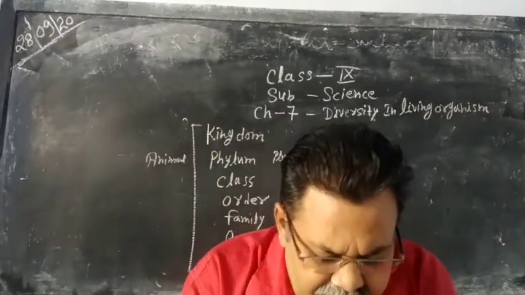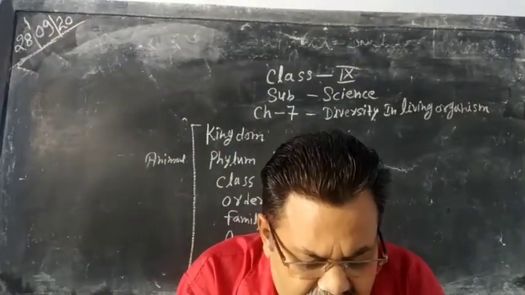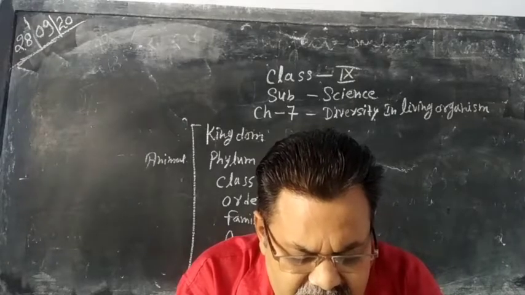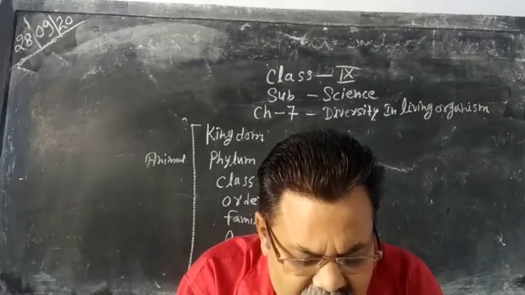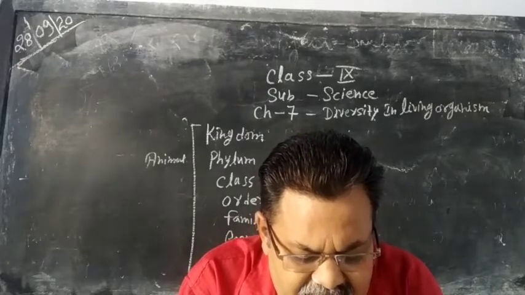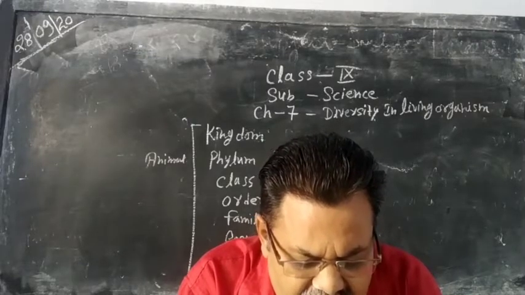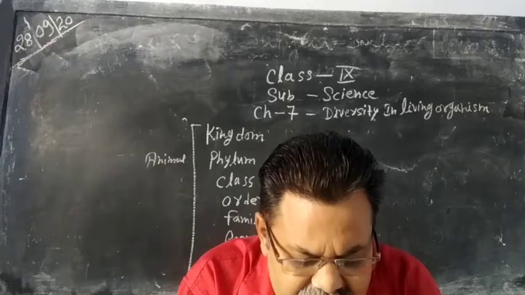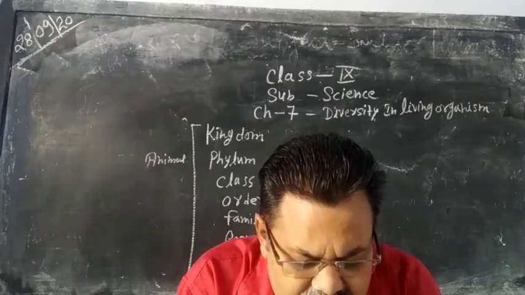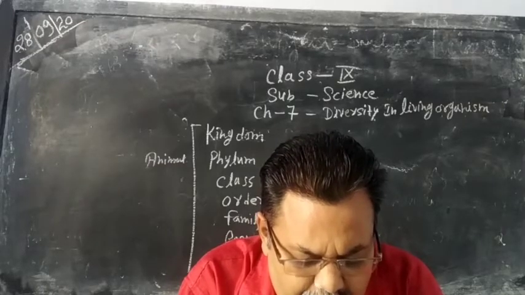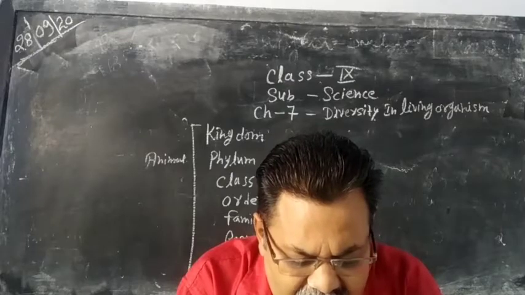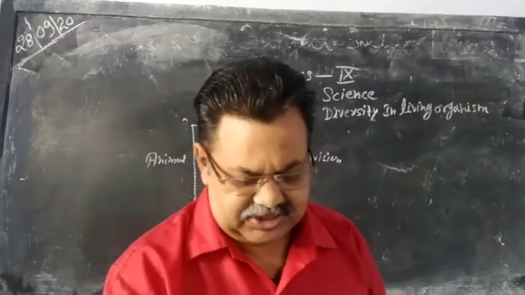Now there are some biologists, such as Haeckel in 1894 and Whittaker in 1969, who classified all living organisms. In this classification, Whittaker proposed the five kingdom classification system.